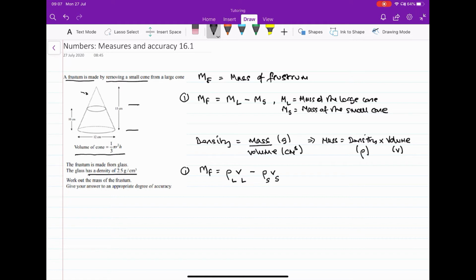We certainly have the radius of the large cone, that equals 12 over 2, because that's the diameter, because that's given to us in the question, which equals 6 centimeters. We also have the height of the large cone. That's also given to us in the question, and that's 15 centimeters.